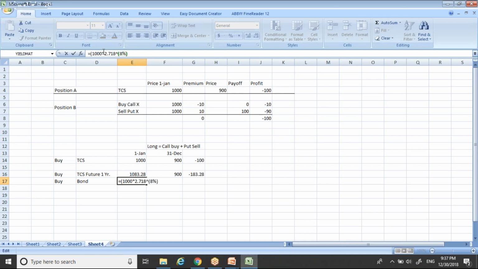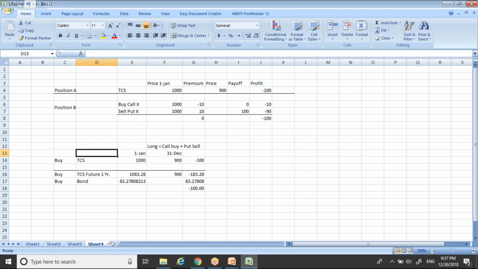That is the principal amount. So this gives you this much of return. I'm so sorry. $83. So you're going to receive 83 here, right? So the total return will be around minus 100.